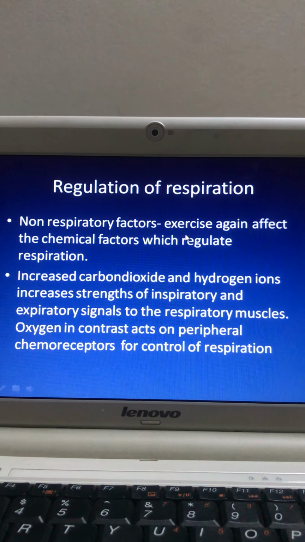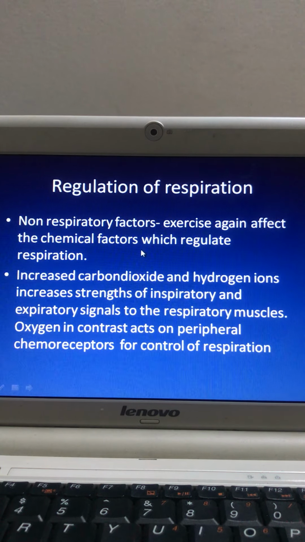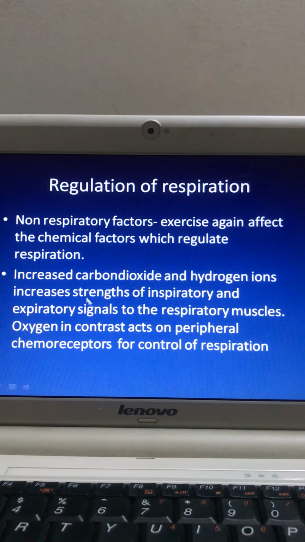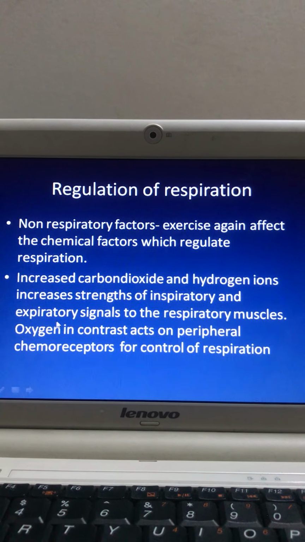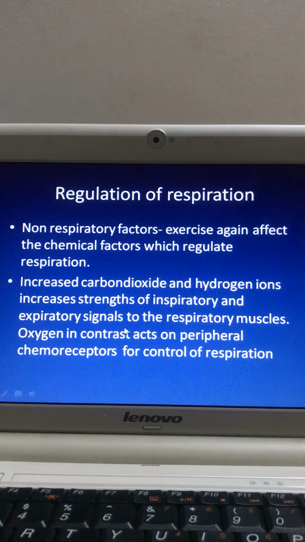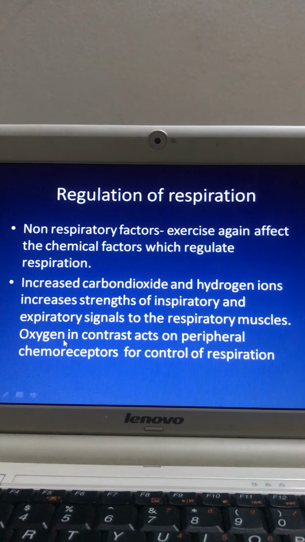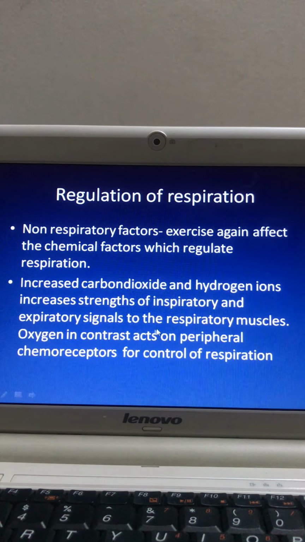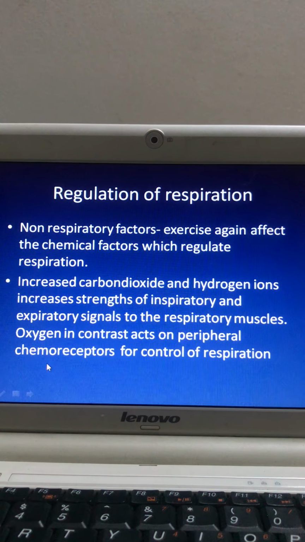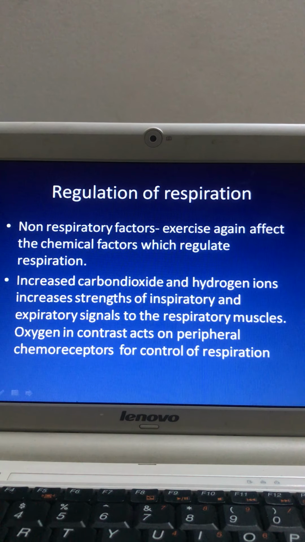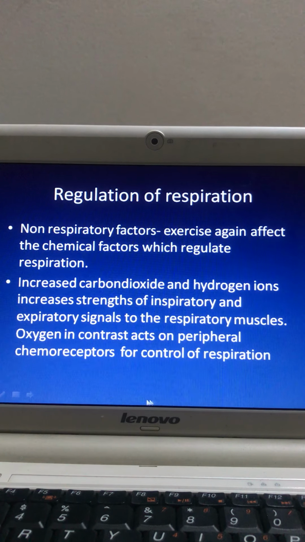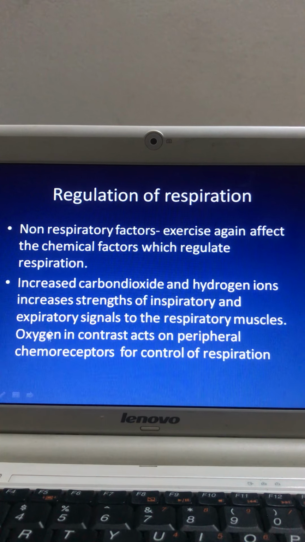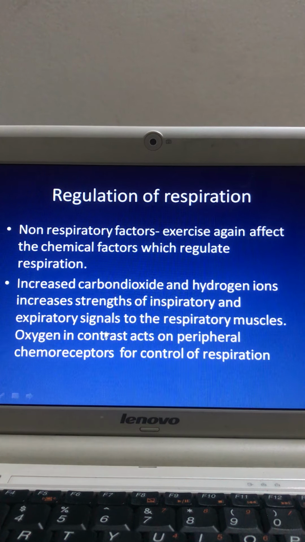It is the non-respiratory factors that affect the chemical factors, that is, increased carbon dioxide and hydrogen ion, that increase the strength of inspiratory and expiratory signals to the respiratory muscles. Oxygen, in contrast, acts on the peripheral chemoreceptors for control of respiration. What is the information from these lines?